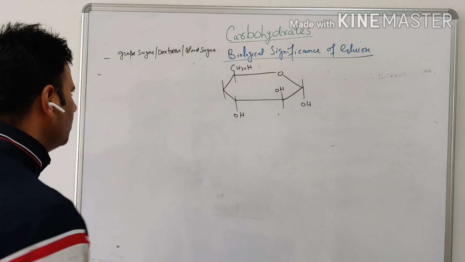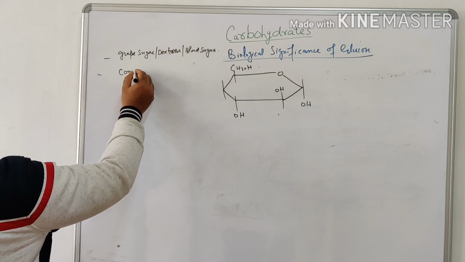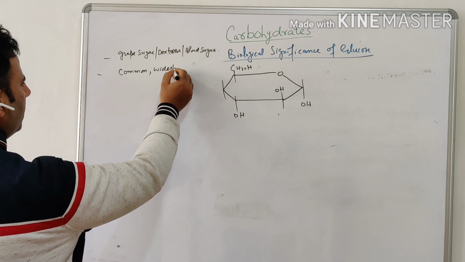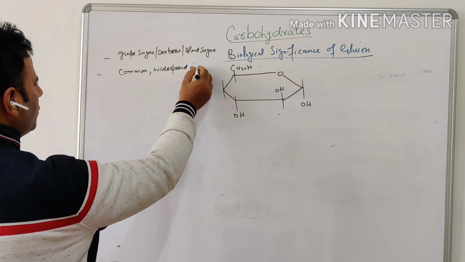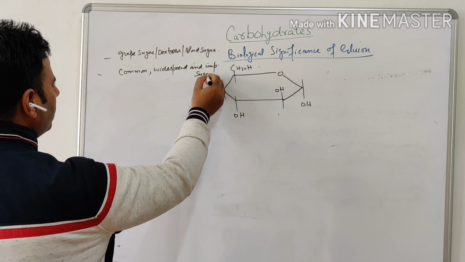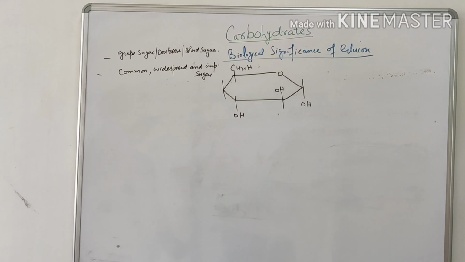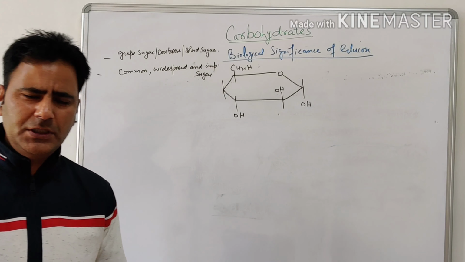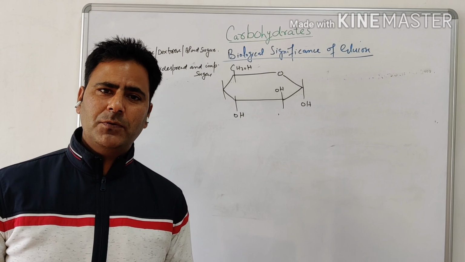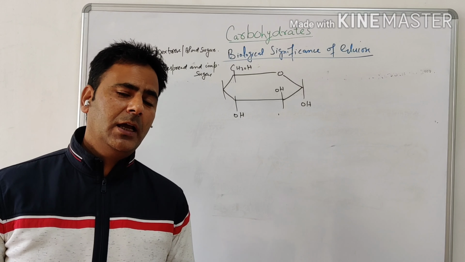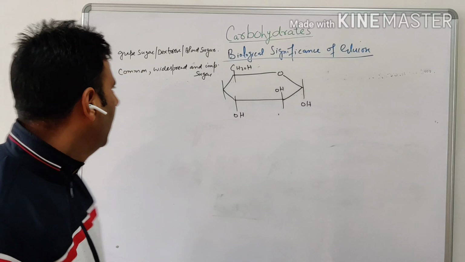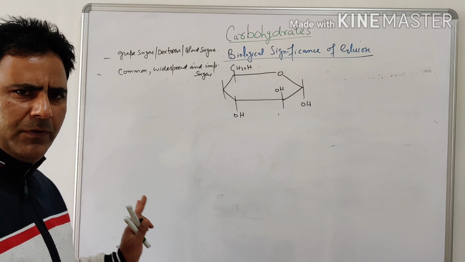And glucose is the most common, most widespread, and most important sugar. Right? It is everywhere. In the blood, our predominant sugar is glucose. We have never discussed fructose, never talked about any other sugar like mannose and galactose. So it is very common.